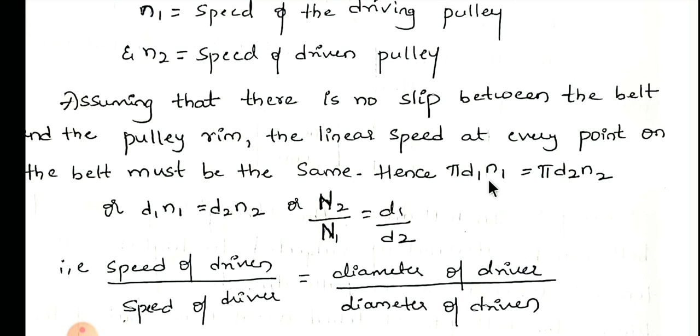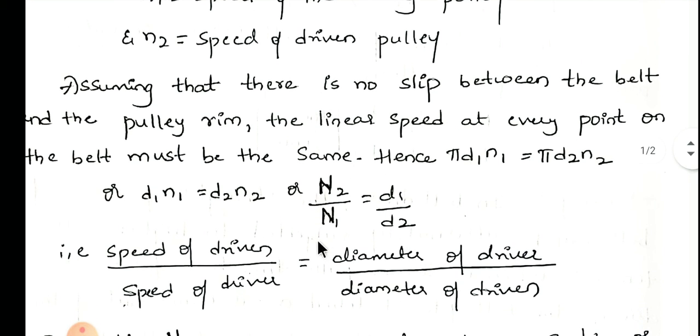Both are the same. Pi will get cancelled. You can take N1 to the right hand side, it will come to the denominator. Take D1 to the left hand side, it will go to the denominator. Therefore, N2 by N1 is equal to D1 by D2.